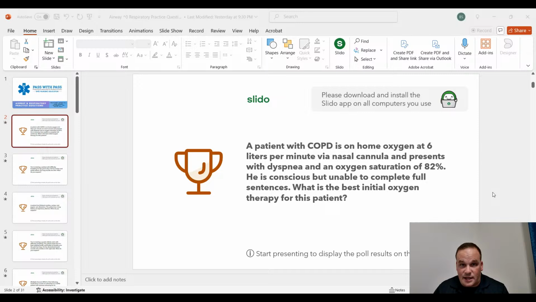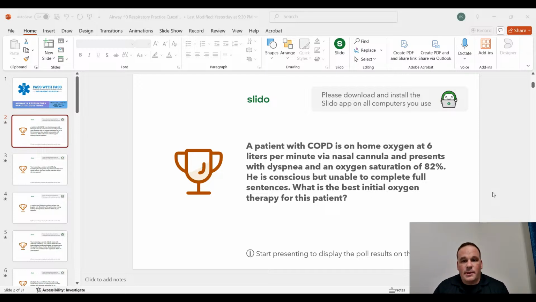So he's maxed out on a regular nasal cannula, and he's presenting with dyspnea, remember, that's difficulty breathing, and an oxygen saturation of 80%. He's on 6 liters a minute and his saturation is still only 80%. He's conscious, but only able to speak 2 words at a time. What is the best initial oxygen therapy for this patient?